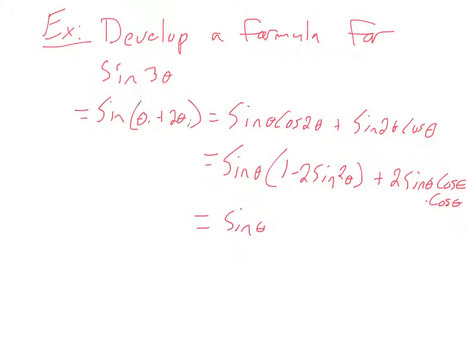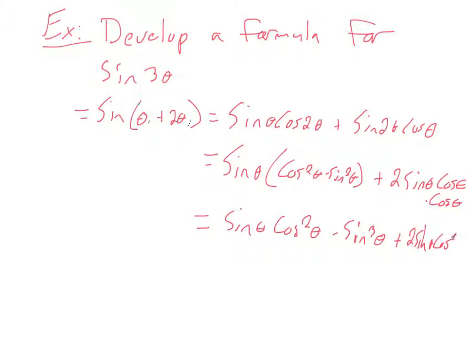You know what, actually, I take that back. I am going to go ahead and instead just use the regular old formula for cosine 2 theta, the first one, which is cosine squared theta minus sine squared theta. Right, and so let's go ahead and distribute that. We'll get sine theta cosine squared theta minus sine cubed theta plus 2 sine theta cosine squared theta.